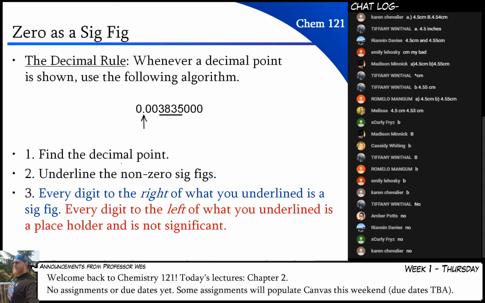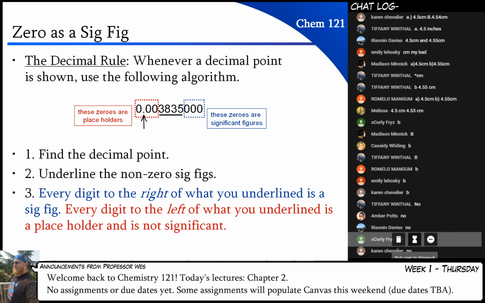But the other zeros on the right side are known, and I'm going to draw the chart for that in just a second. So these zeros are significant. These zeros on the left are placeholders. And so if I asked you how many sig figs were in this measurement or calculation, you would say that there were 7 significant figures.